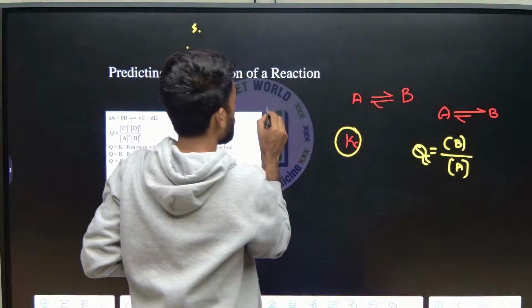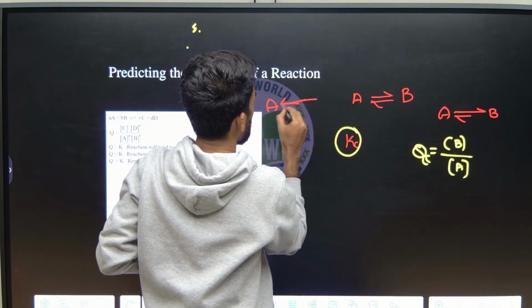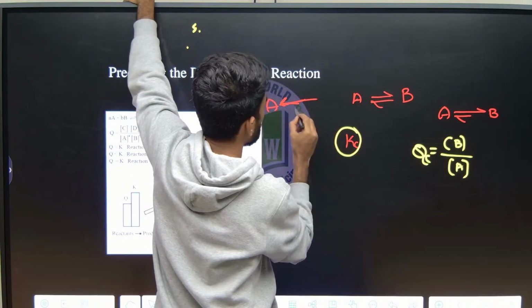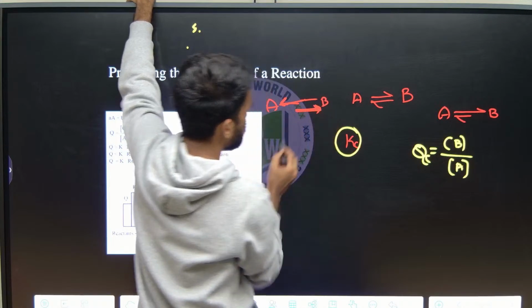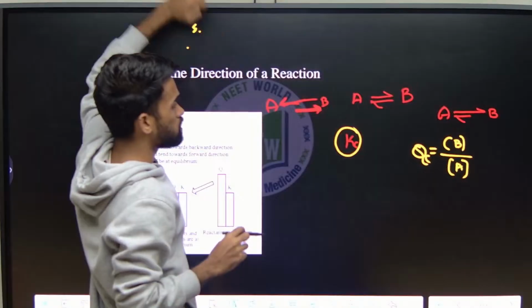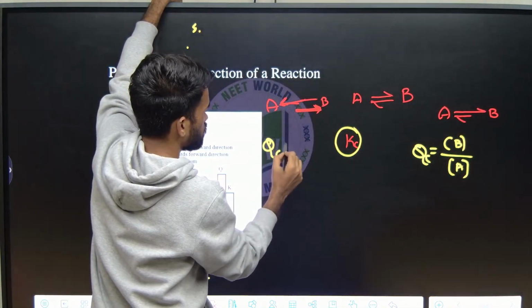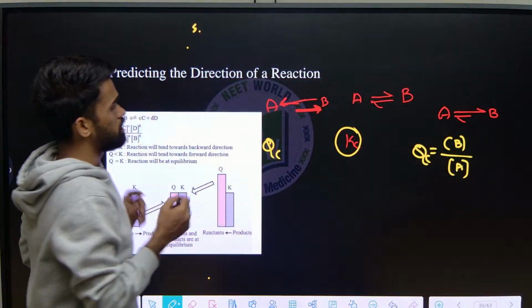Okay. So it can also favor backward, like you should indicate the arrow mark moving more towards the A side and smaller towards the B side. It means here the equilibrium is favoring the backward side. So now just understand this.